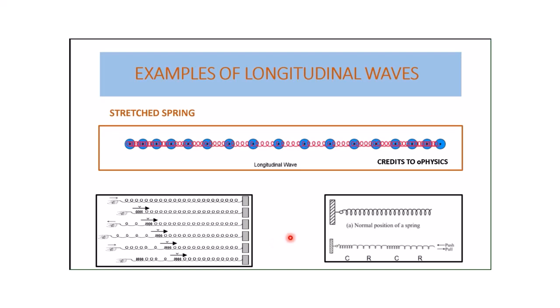We shall be doing now some examples of longitudinal wave. The first one is that of a spring. This particular figure shows the position of the spring in the normal condition. It is fixed at one end.